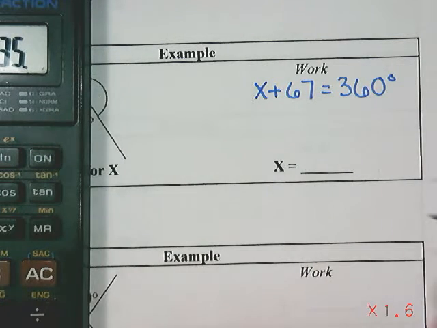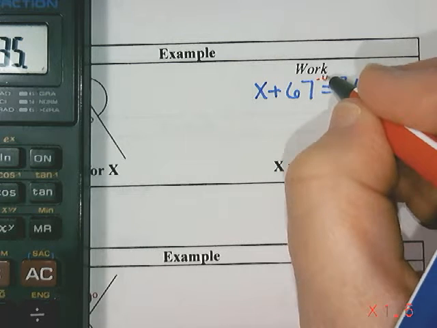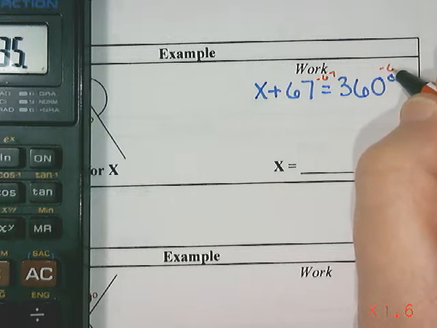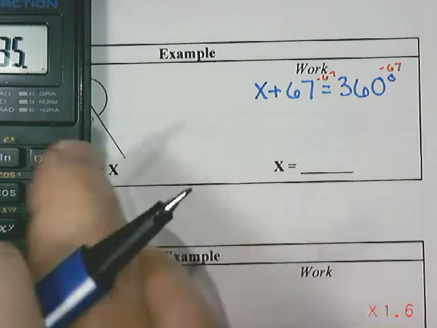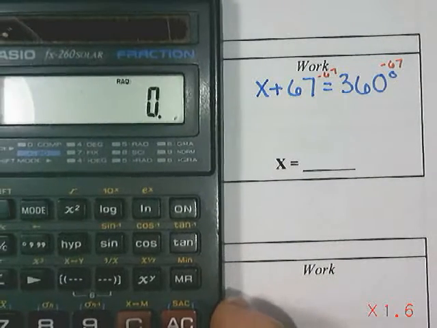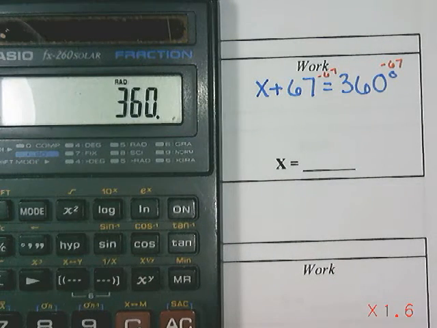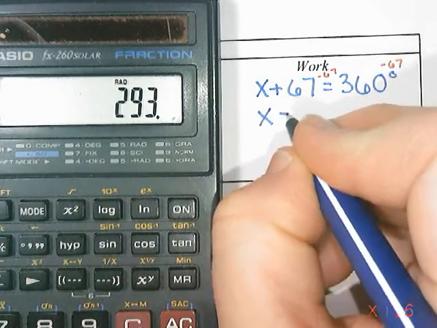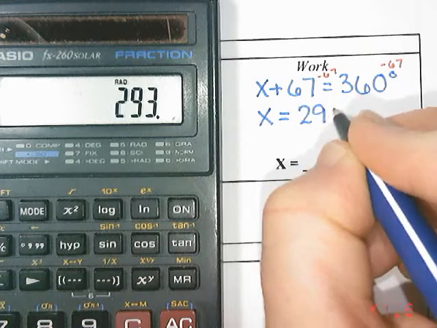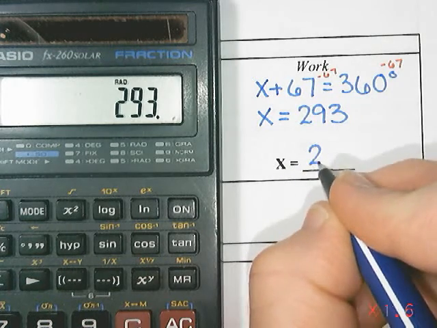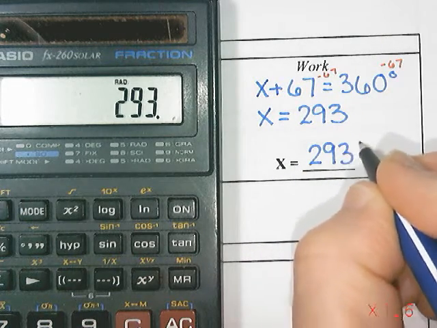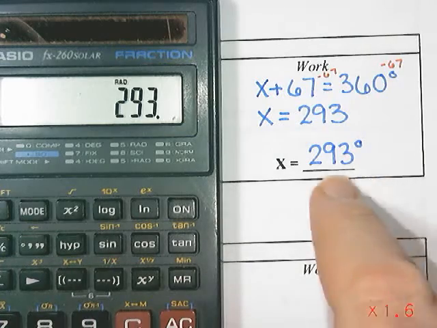I am going to subtract 67 from both sides. And I'm going to do 360 take away 67, which is 293. So X is 293 degrees.